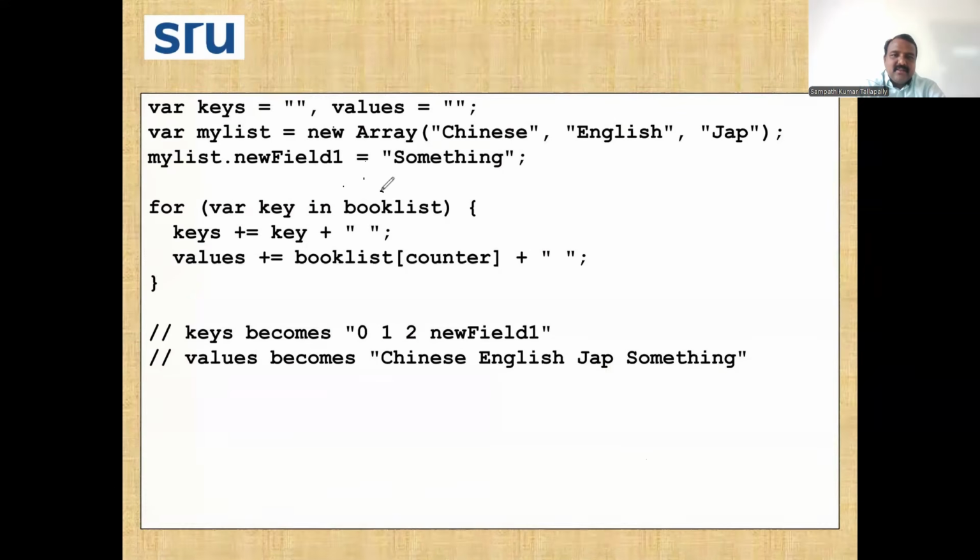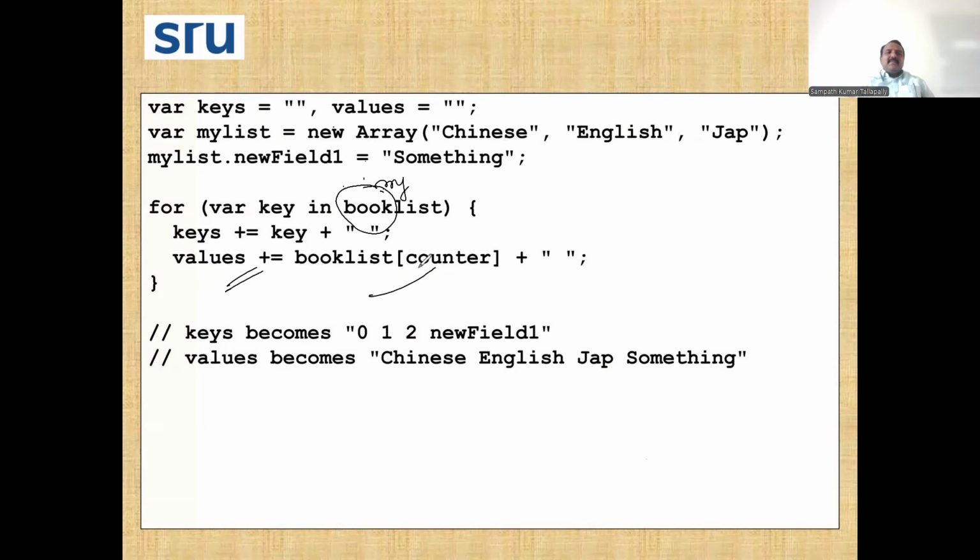I'll add my values: first Chinese, then English, then Japanese. All those values have been added, and we are going to print these values.